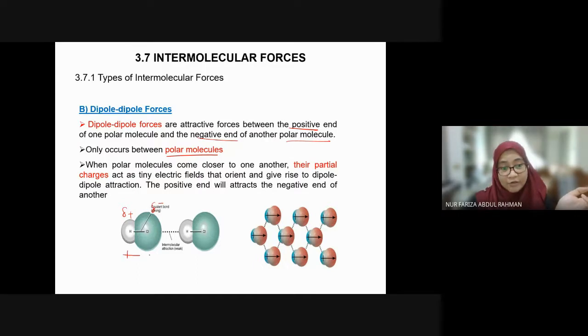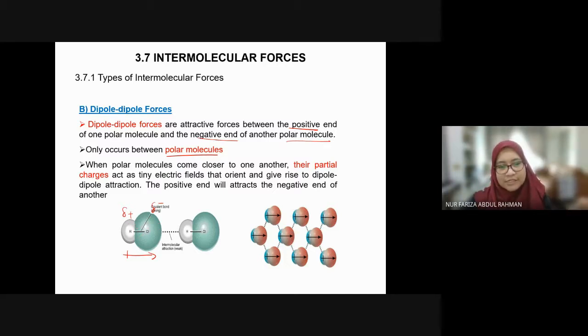Kita ada arrow kan sebenarnya towards the negative, the most electronegative atom. So this is what we call permanent dipole. Dia memang due to electronegativity difference. It's not based on electrons just now. Hydrogen is more electropositive than chlorine. Chlorine is more electronegative than hydrogen. So that is what we call permanent dipole.